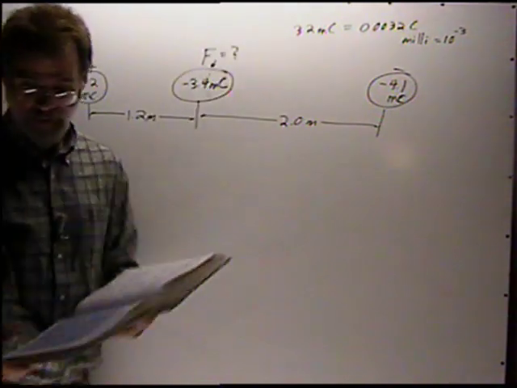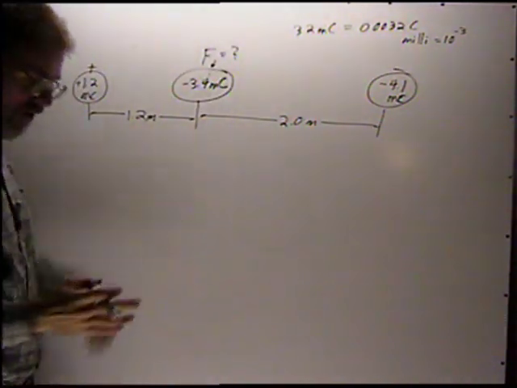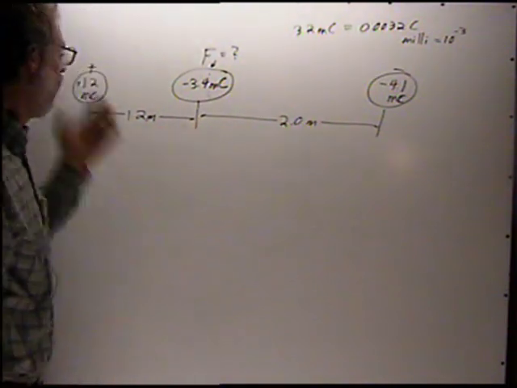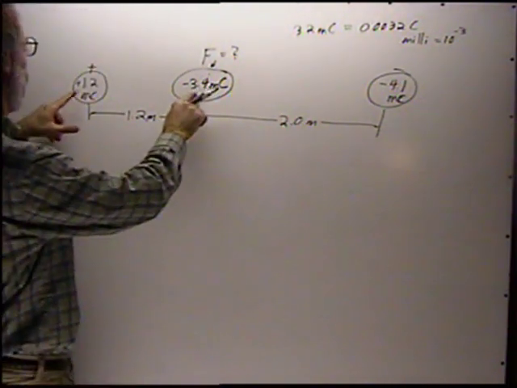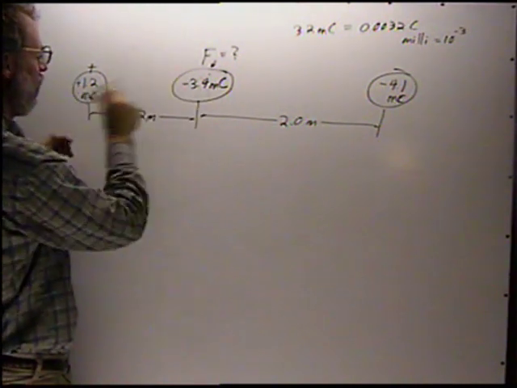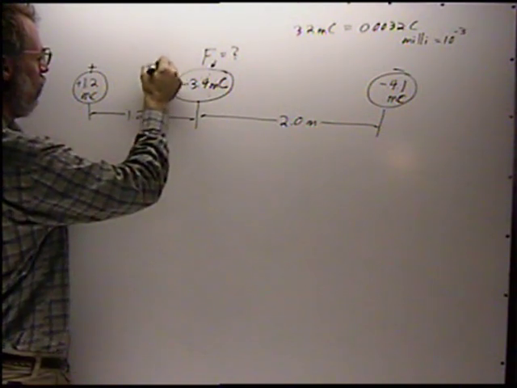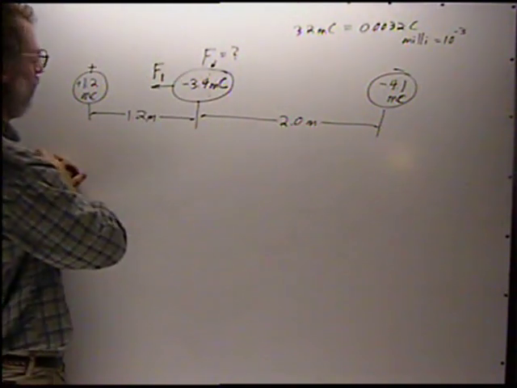That's the question. Okay. So, if you just think about it, this is a minus charge, this is a plus charge. There's going to be an attractive force coming this way. We'll call that F1.